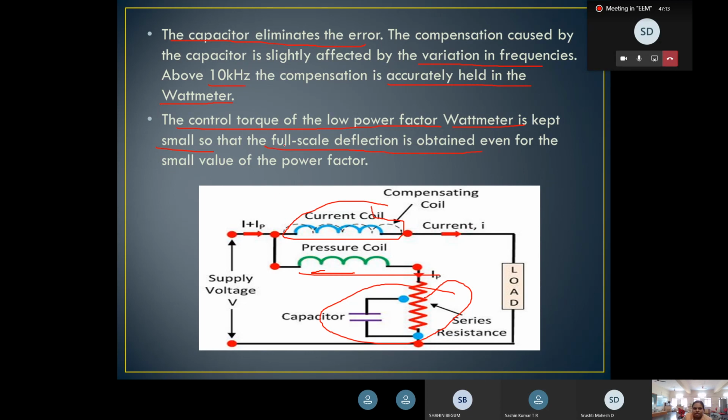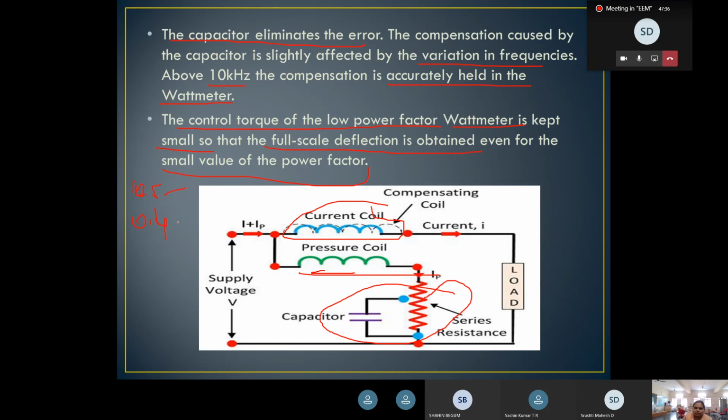In the deflection system, you should get a full scale deflection even for a small value of the power factor. Even if you are going to measure a power factor of 0.5 or 0.4, it is rare that you go for 0.4. The maximum is going to be 0.7, 0.8, 0.9 and 1 only.